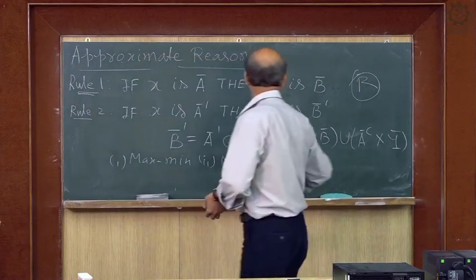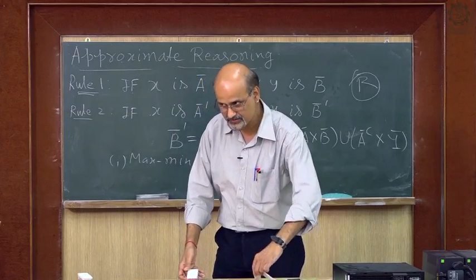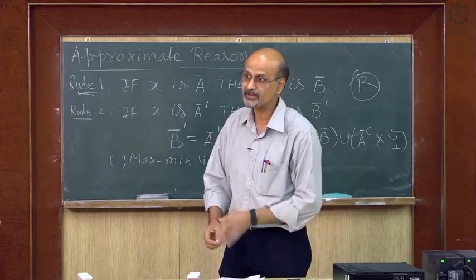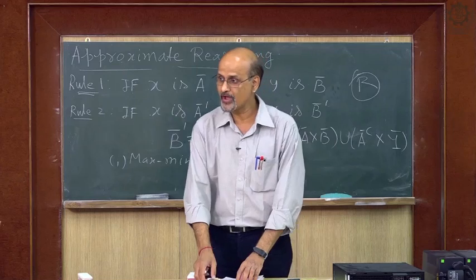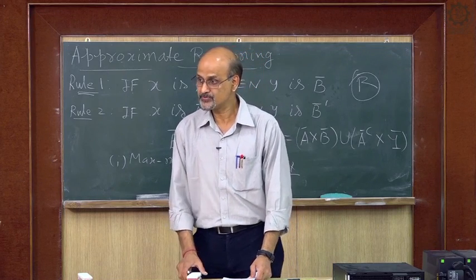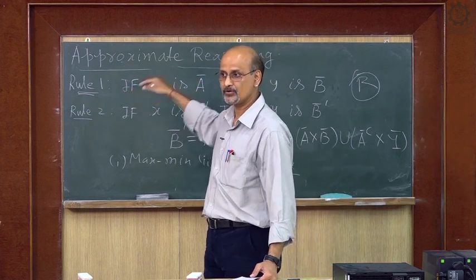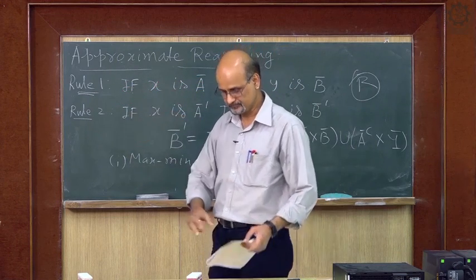If you have understood this, next I will write one example, and the example is the previous one where we already have R. You see your notes, you have A, B and R bar. I will give you A bar dash and you will find B bar dash.